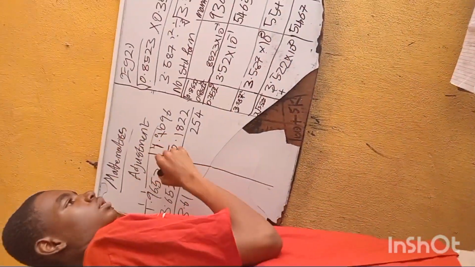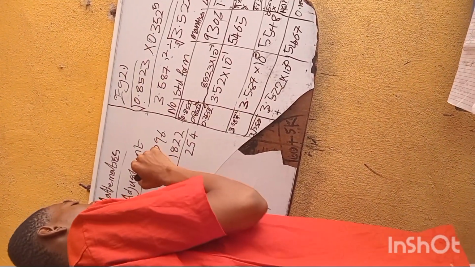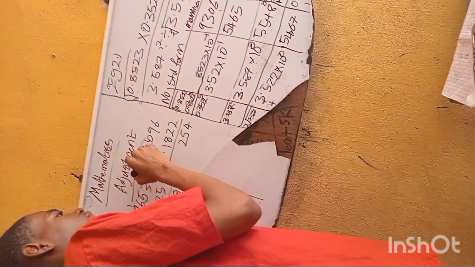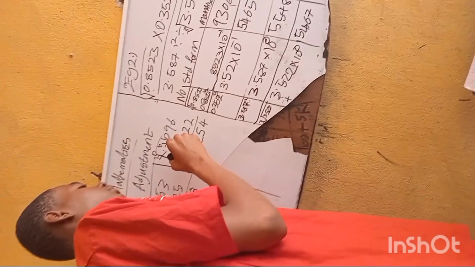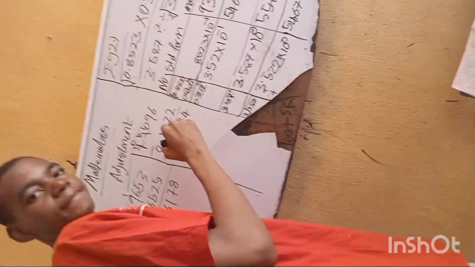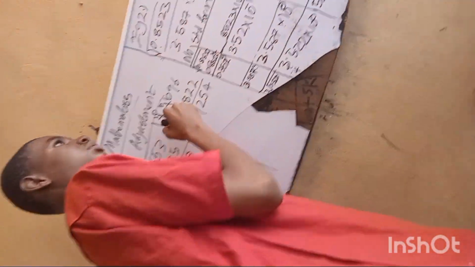Now you take 1 from here, it is 0. Here, 10 minus 1 is 9. 0 minus 0 is 0.